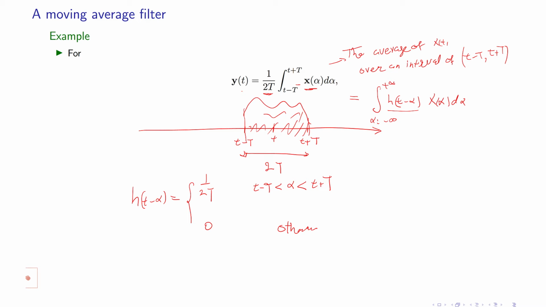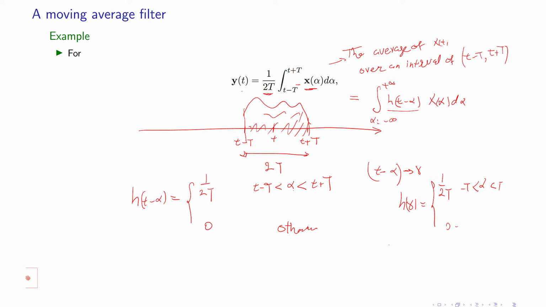In both sides of this equation, I could replace t minus alpha by another dummy variable, let's say gamma. So h of gamma will become equal to 1 over 2T if gamma is between minus T and T, and 0 otherwise.